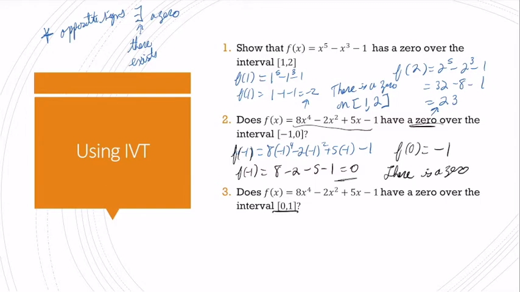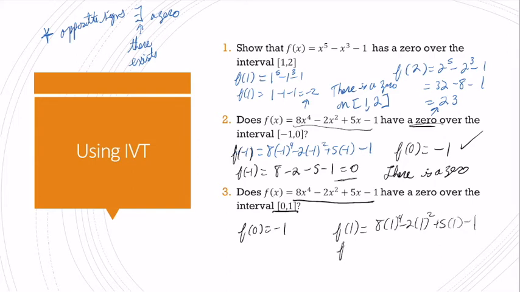Let's check on the interval from 0 to 1. Let's see if there's a 0 for this polynomial over the interval from 0 to 1. If I have f of 0, I know that's negative 1. Awesome, I already did half my problem. f of 1 is going to give me 8 times 1 to the 4th minus 2 times 1 squared plus 5 times 1 minus 1.